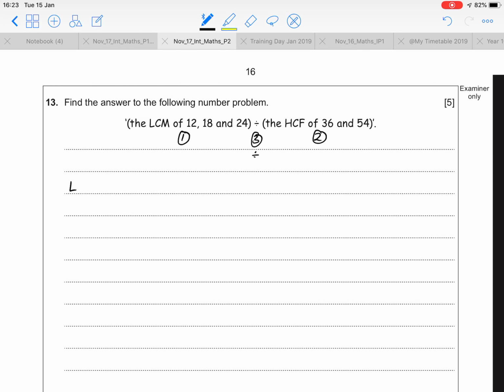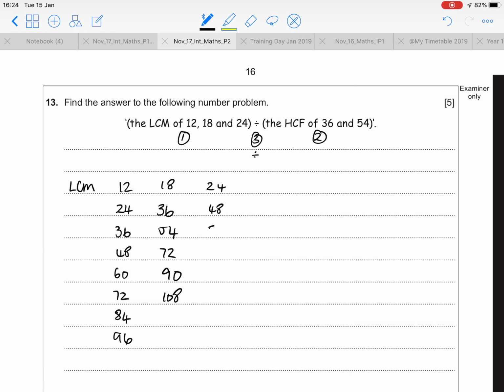So part 1, for the LCM, the lowest common multiple of 12, 18 and 24. If I do the 12 times table, and then I do my 18 times table, and then I also need to do my 24 times table.